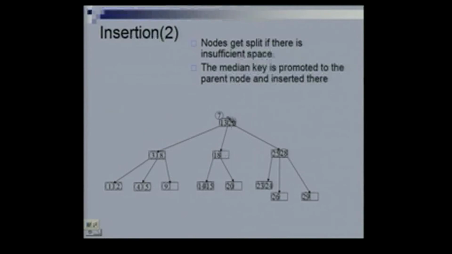Now, when I am trying to insert 7, I will compare 7 with the first key, 7 is less than 13. So, I go left, 7 lies between 3 and 8. So, I take the middle path, come down, 7 tries to come to this node, except this node does not have enough space. So, this node gets split into 2, 4 will go down, 7 will go here, the median is 5, so it will go up.